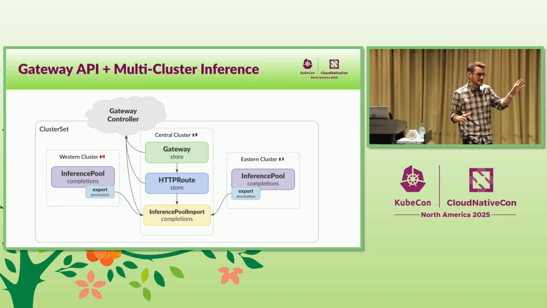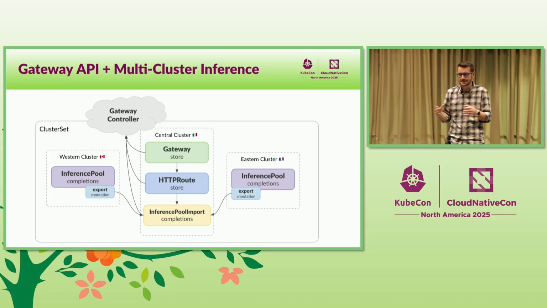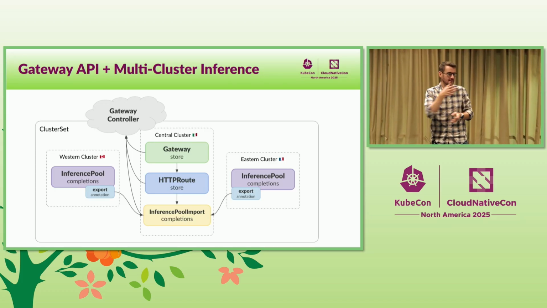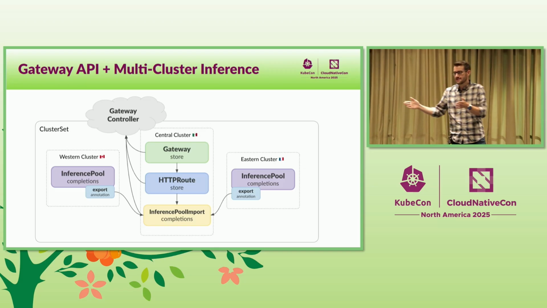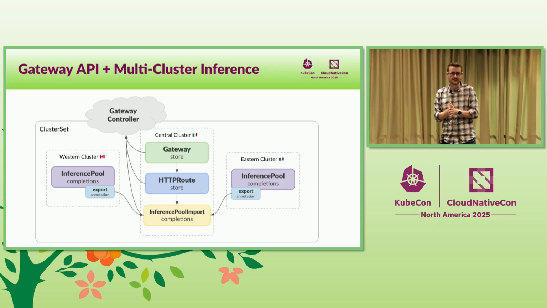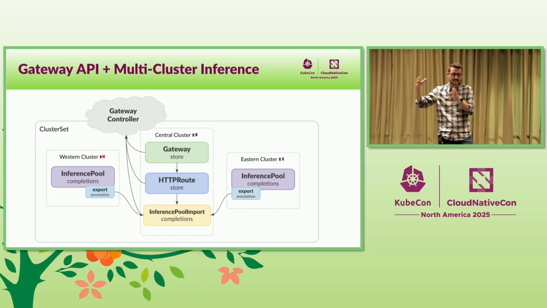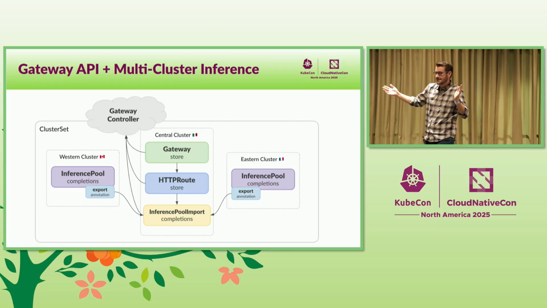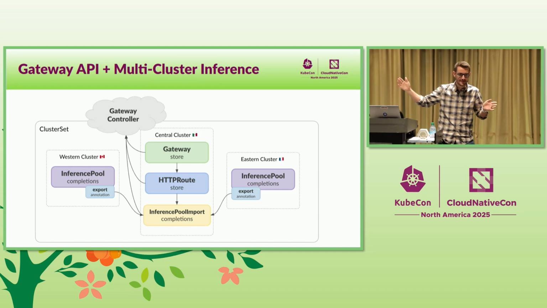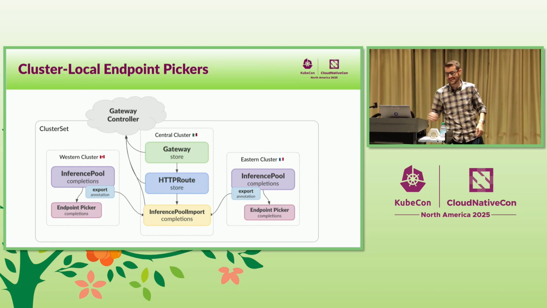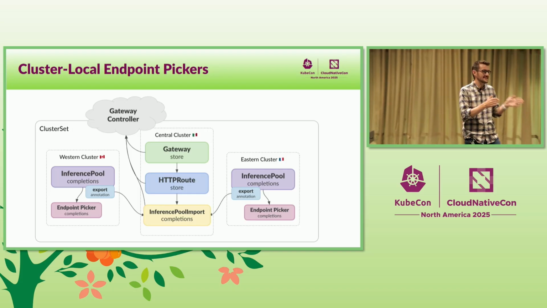But remember how Daneyon said there's more to an inference pool than just the pool. There's this thing called an endpoint picker. And when we were thinking about this, there were really two directions we could go. We could have an endpoint picker right alongside the gateway in a central cluster, or we could have an endpoint picker that was with each inference pool, with each local set of endpoints. And anyone have a guess on which direction we want to go? Okay. Yeah, so somebody already knows here, but we ended up with an endpoint picker in each cluster.